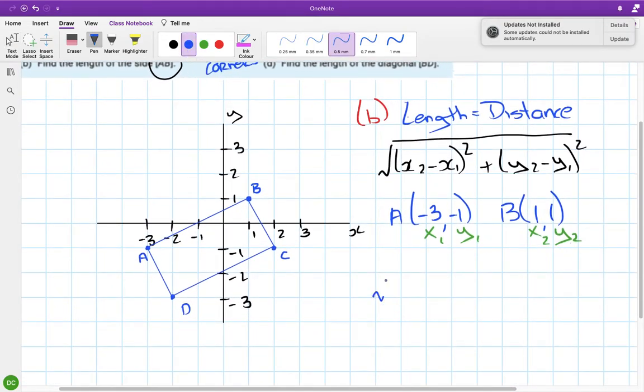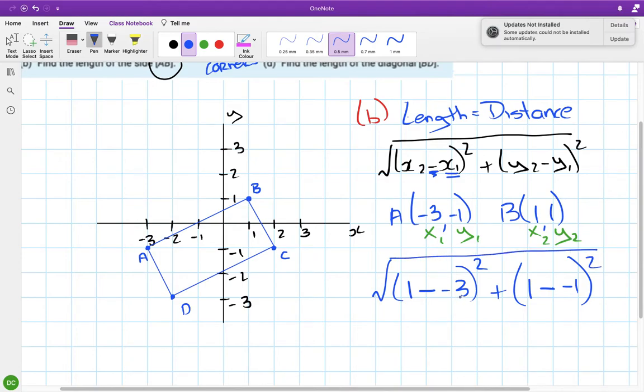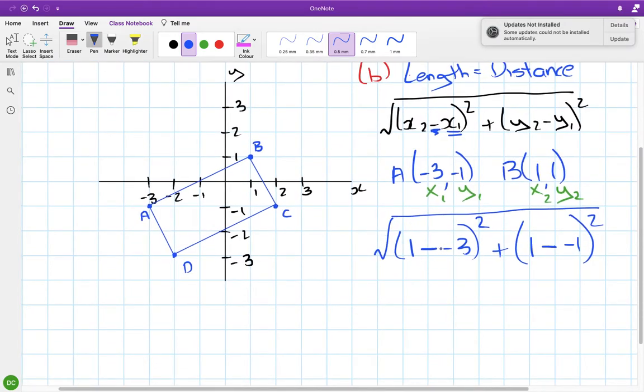So I start with square root, bracket x2, so 1. Then the minus from the formula, followed by x1, which is minus 3. Close bracket squared plus new bracket, y2 is 1, the minus from the formula is next, and then y1 is minus 1, close bracket, squared. Okay, so we talked about these double minuses here.